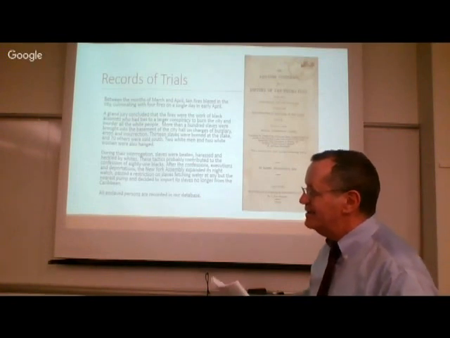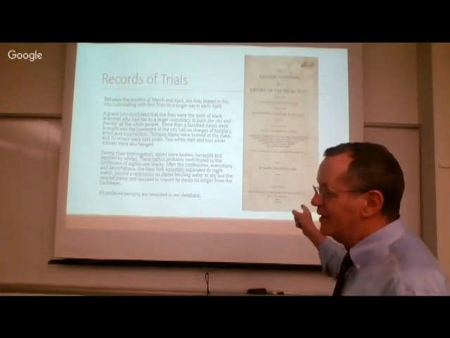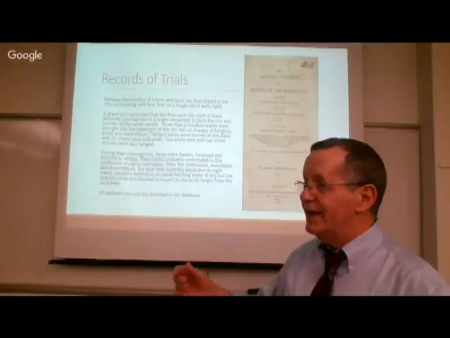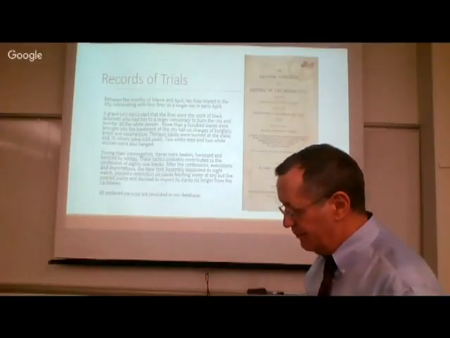And this is the actual transcript of the trial. You're getting what the clerk wrote about what everybody said. And so what we did is we've coded up all of the enslaved persons who were tried. We've documented what happened to them. We've been able then to identify who the slave owner was. They'll tell their age. They tell some other things about them.